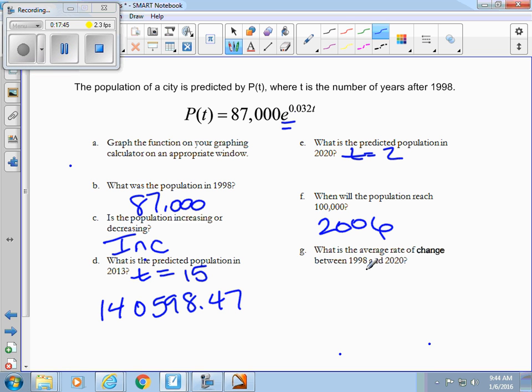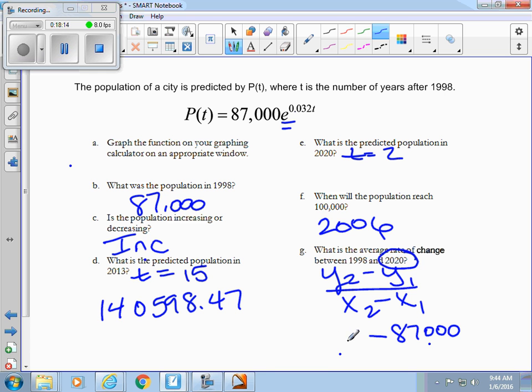Okay, last one, average rate of change. To do average rate of change, that is a slope. Anytime you see average rate of change, that means slope. So I'm going to find the y value in 2020, which I had done in part E. I'm going to find the y value in 1998, which was 87,000.